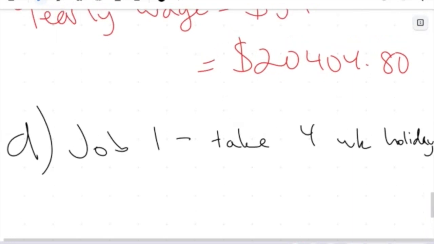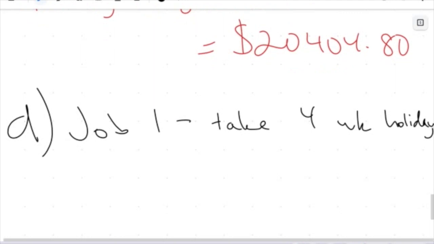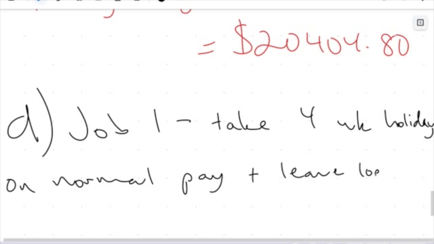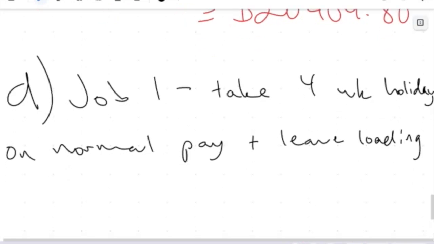You were to take a 4-week holiday on normal pay plus leave loading. Now, we want to find out how much you will be paid during the holiday.